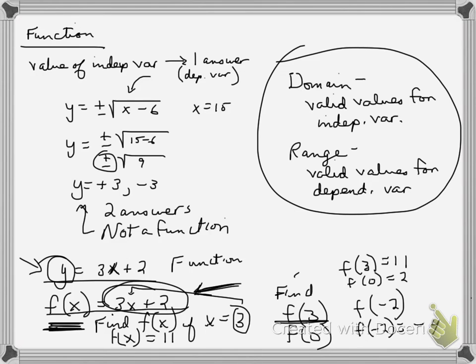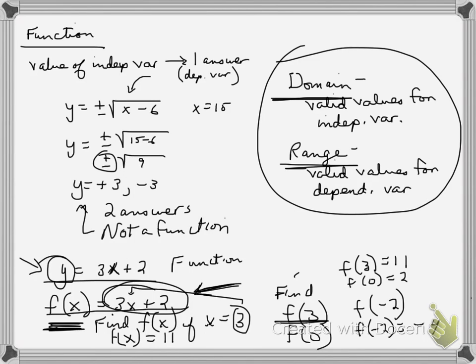The last idea they cover is domain and range. Domain, by definition, is all the valid values for the independent variable or variables, and range is the valid values for the dependent variable. Oftentimes that's going to be from negative infinity to positive infinity, but sometimes we would have things excluded.